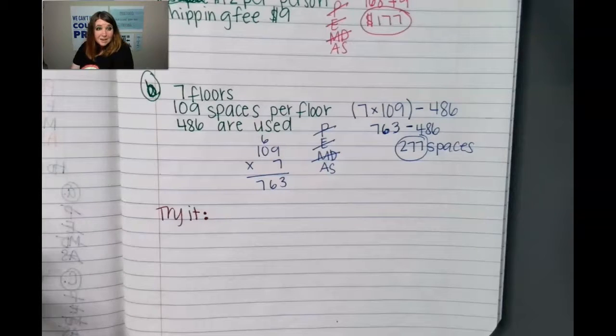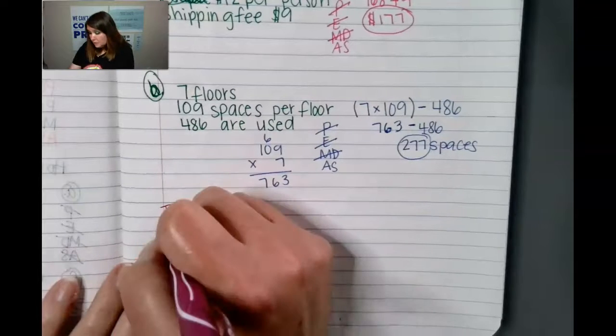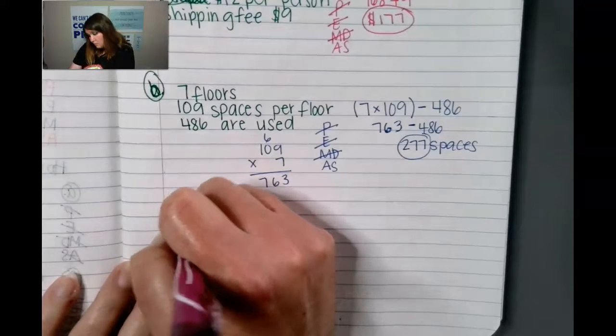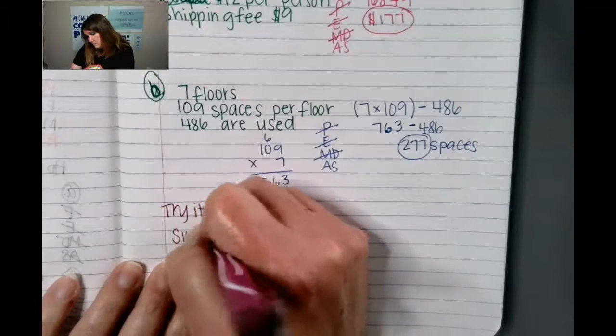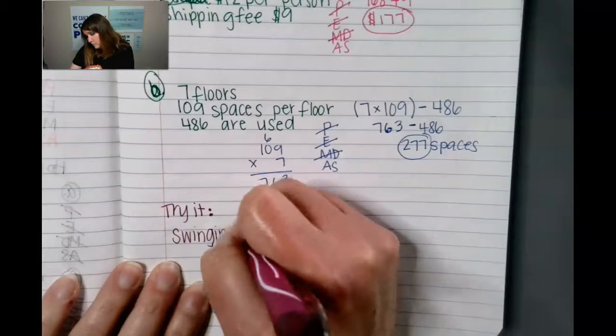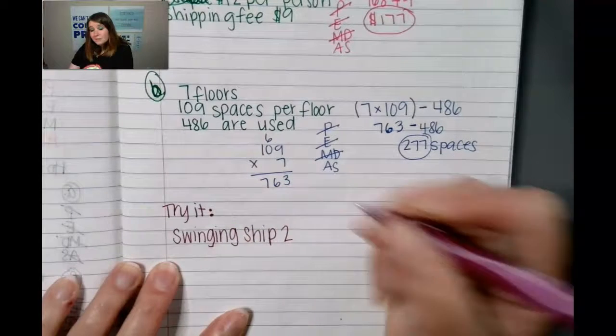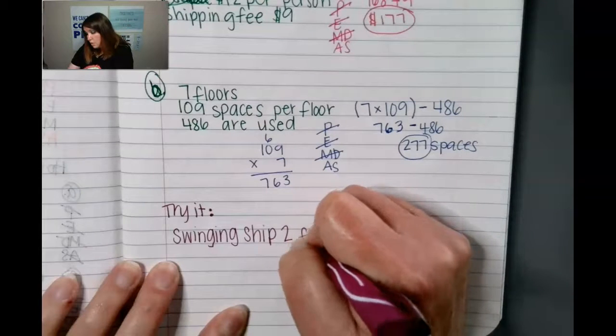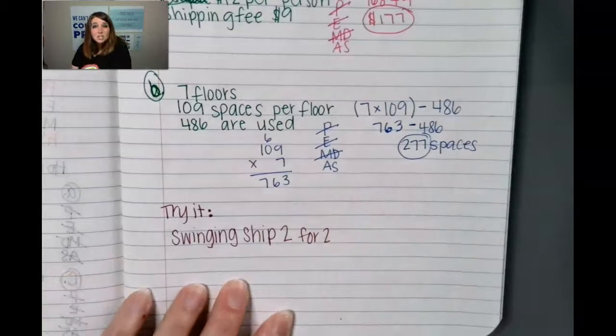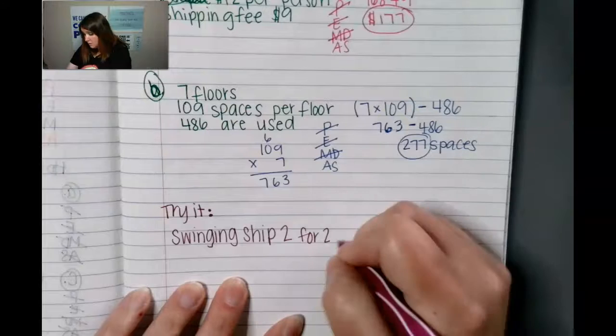If it takes the swinging ship 2 tickets and the bumper cars 4 tickets, okay? So you ride the swinging ship 3 times for 2 tickets each time, okay?